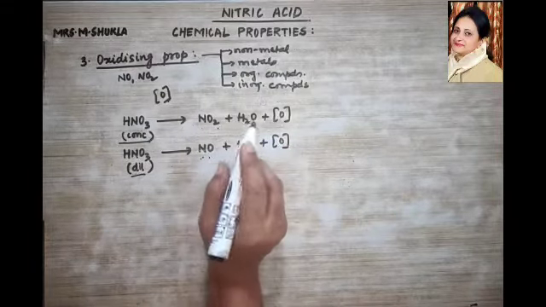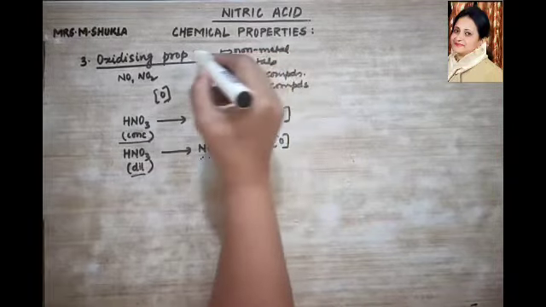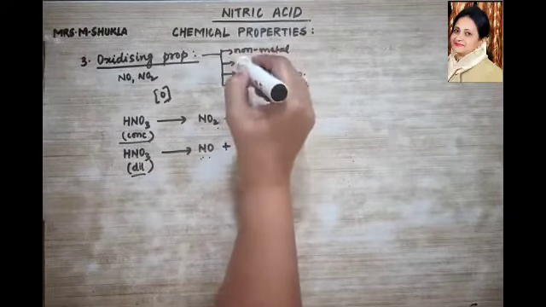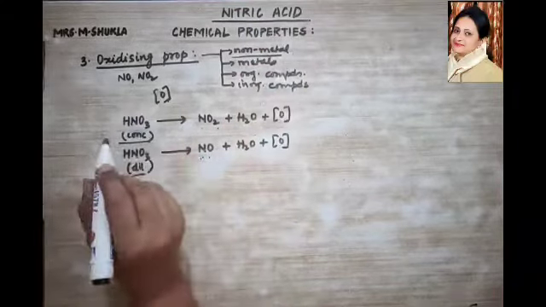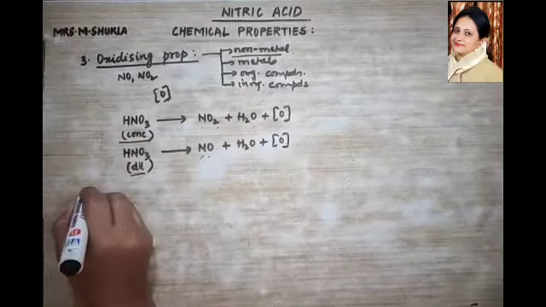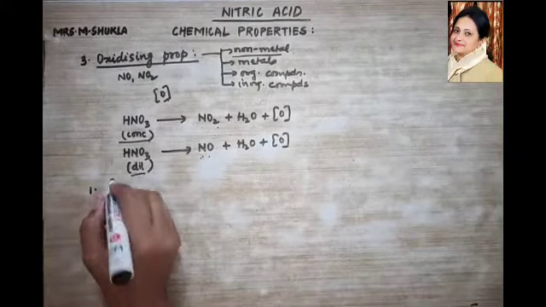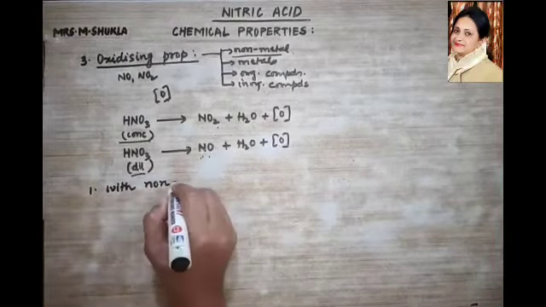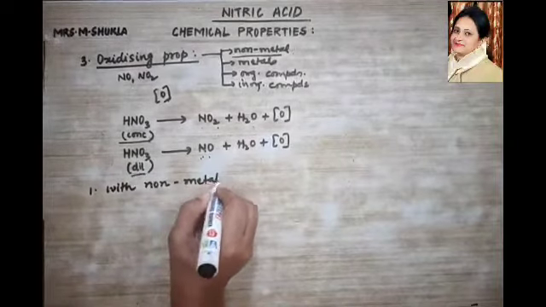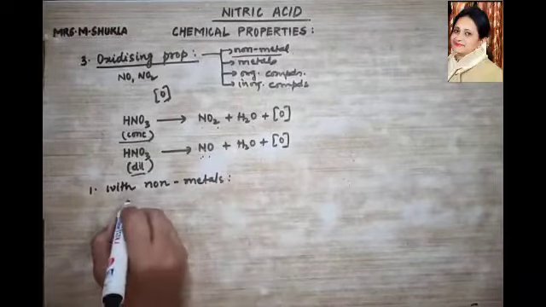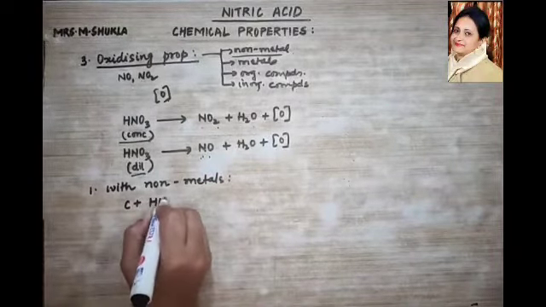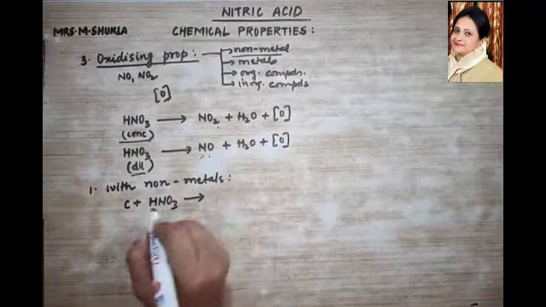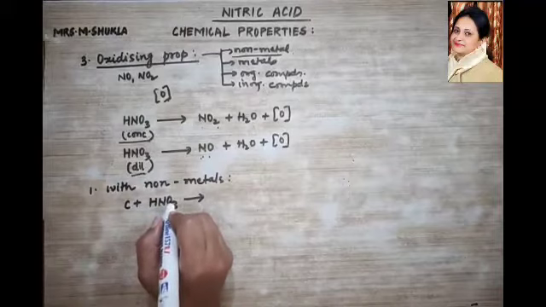So now let us start to understand the oxidizing property of nitric acid with respect to non-metals. Okay, so the first one, let's talk about non-metals. So over here, if we take carbon and treat it with HNO3, what kind of HNO3 am I talking about now?